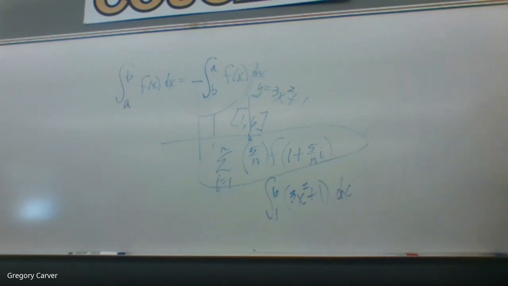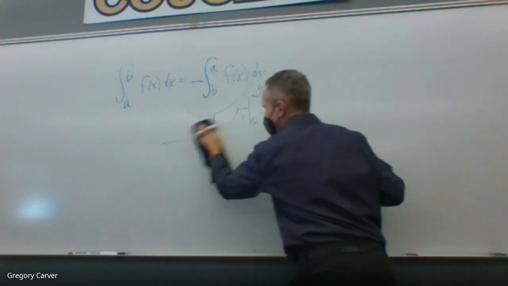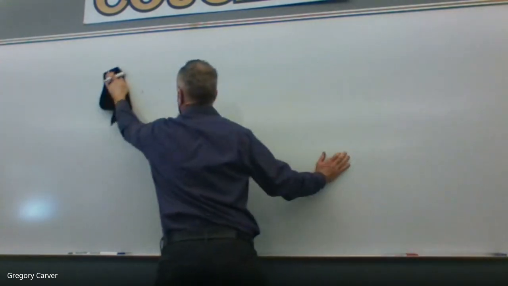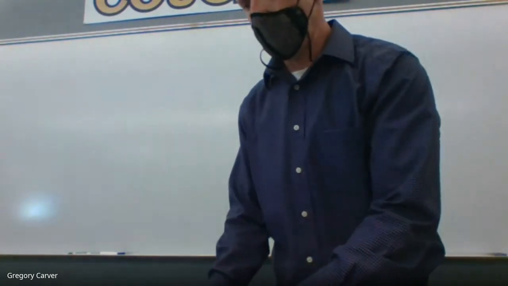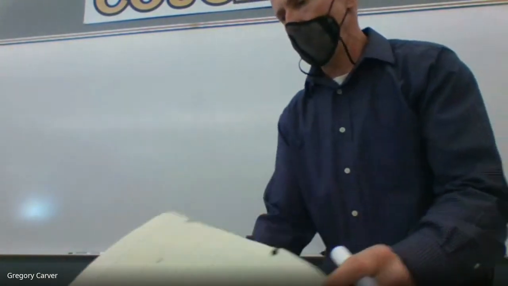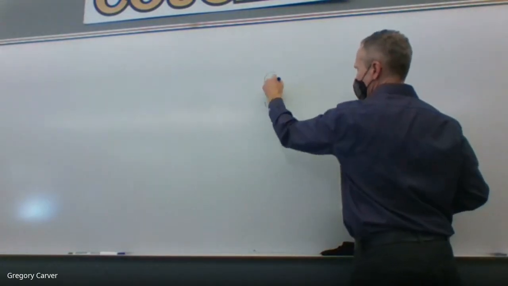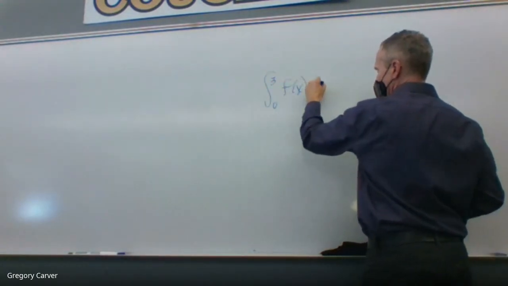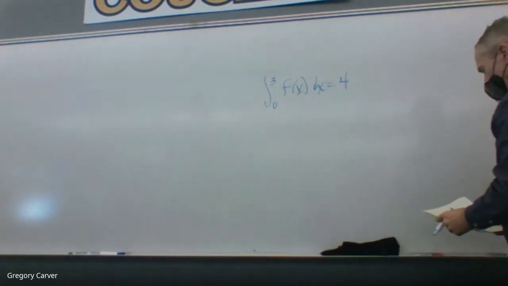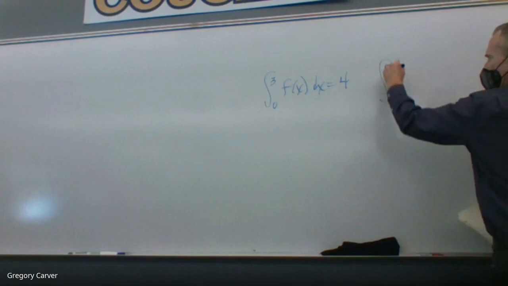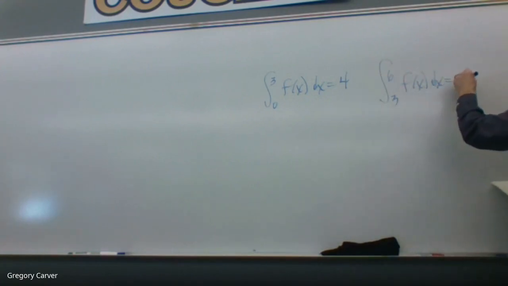All right, let's talk a little bit more conceptually. Let's say that I tell you this: if I go from 0 to 3 of f of x dx, I tell you that is 4. And I go from 3 to 6 of f of x dx, and I get -1.